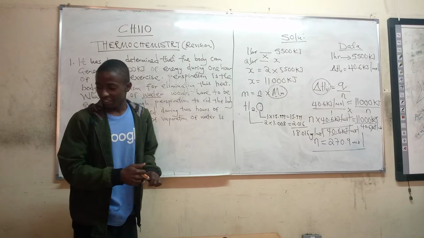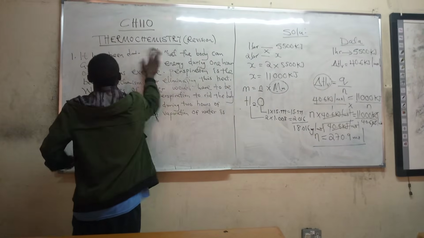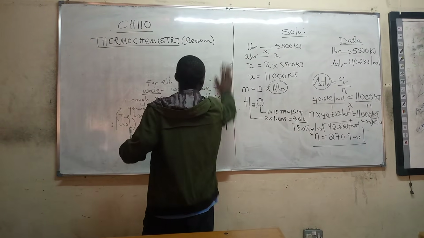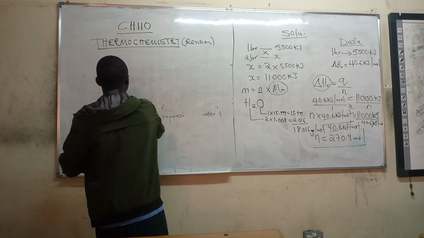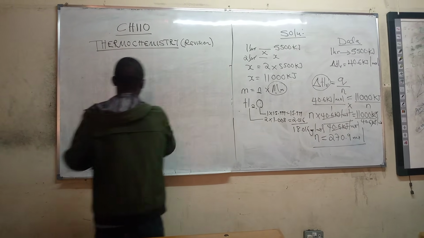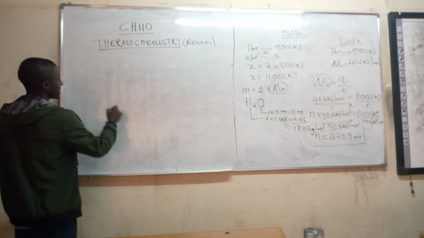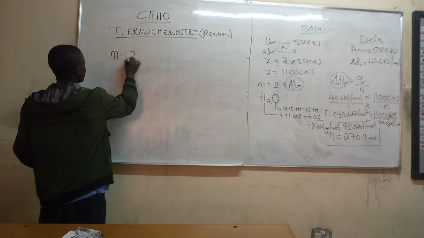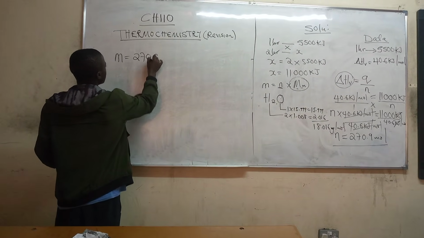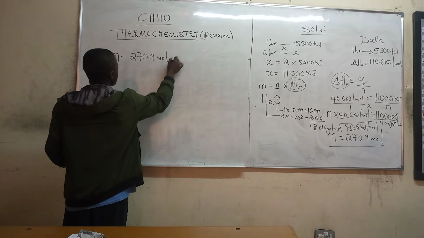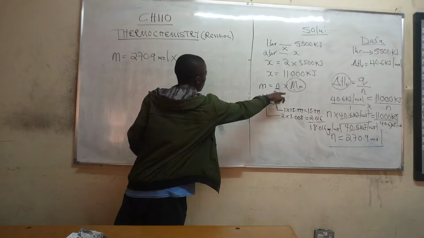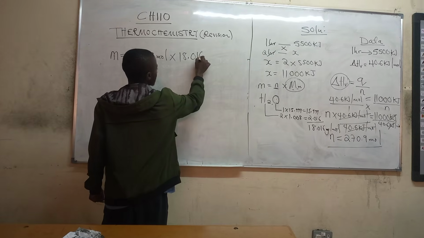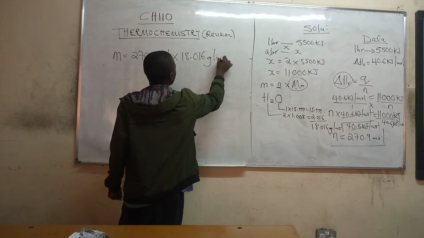So mass is equal to the number of moles, 270.9 moles, times the molar mass, 18.016 grams per mole.